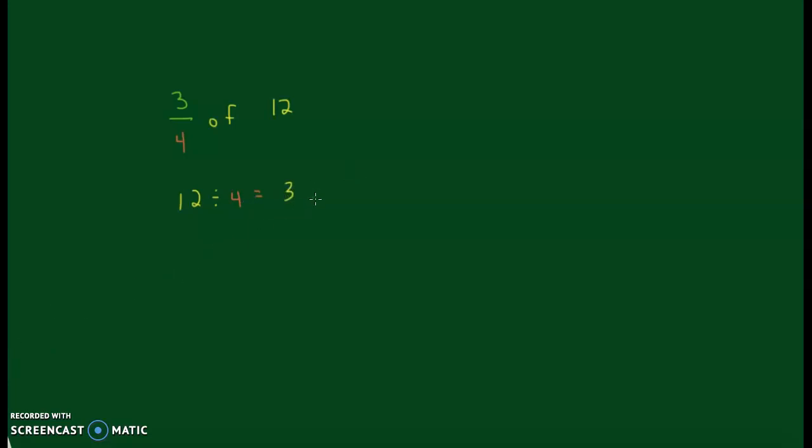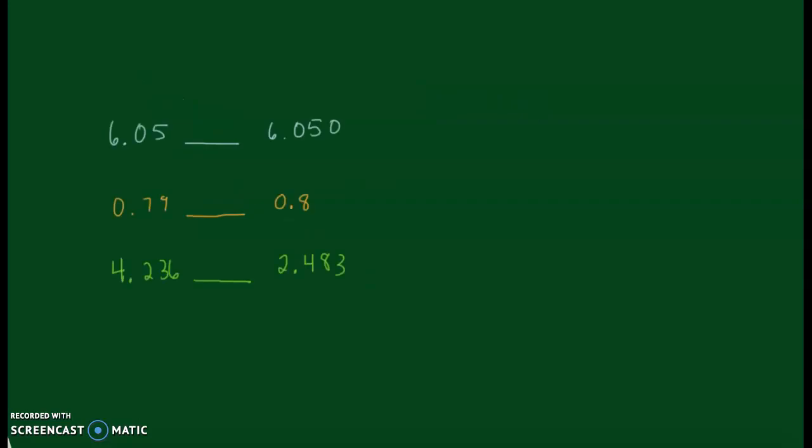After I've done that, the next thing I'm going to do is multiply that by the numerator, which is 3. So 3 times 3 is 9. So 3/4 of 12 equals 9. And 3/4 of 12 is the same as doing 3/4 times 12, which is 9.